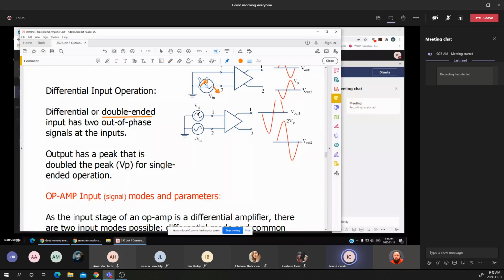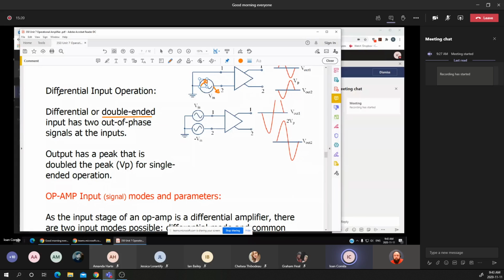You notice that the only difference is the phase shift between the two inputs, and that's the effect of amplifying the difference between the two inputs.